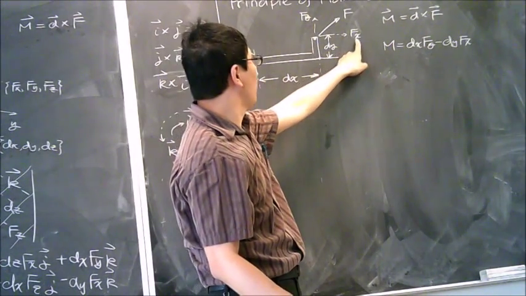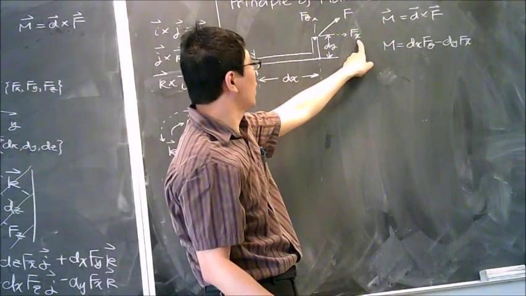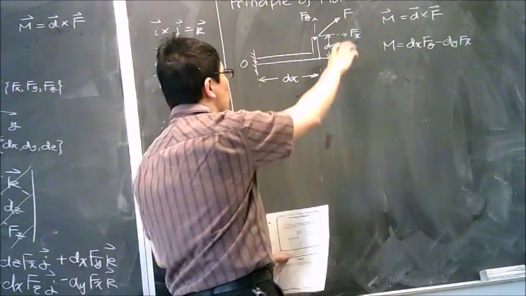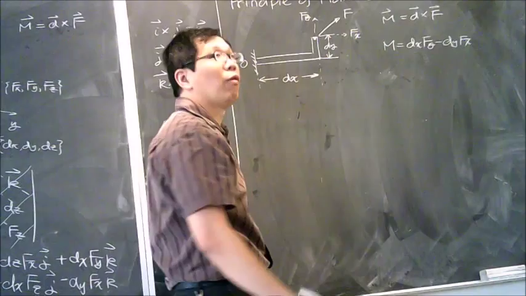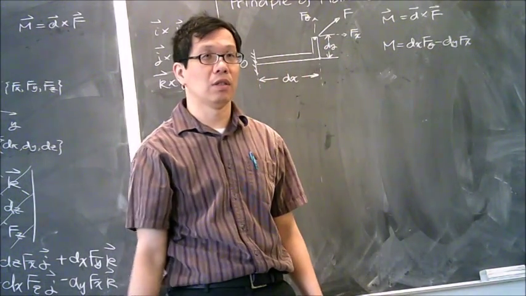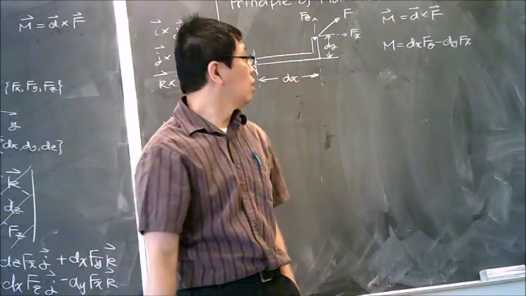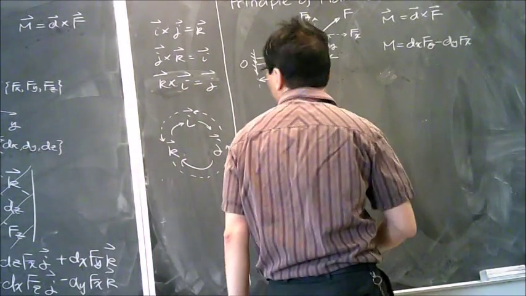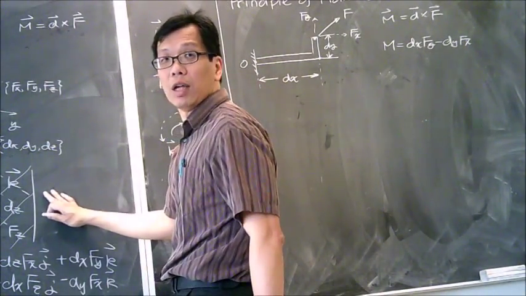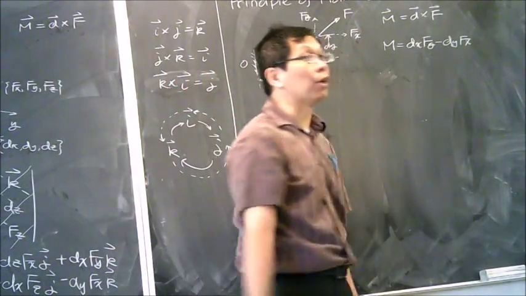If you are using positive Fx and positive dy, what happens is this one is going to rotate clockwise. So it's going to give you a negative sign in front of it. So if you don't like to use the vector representation to calculate everything, this is the simplified formula you probably want to use.